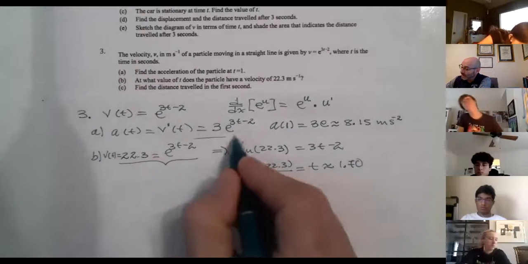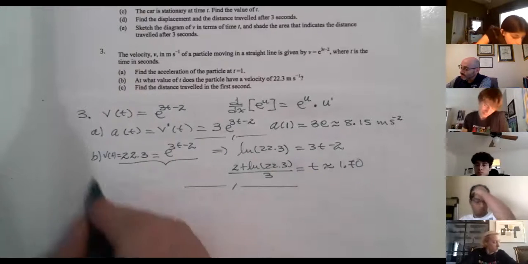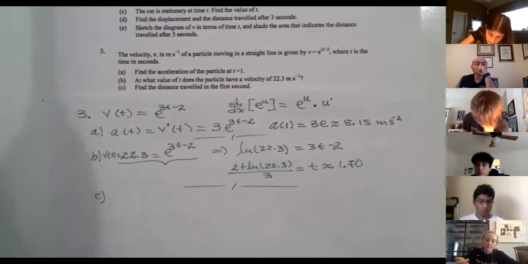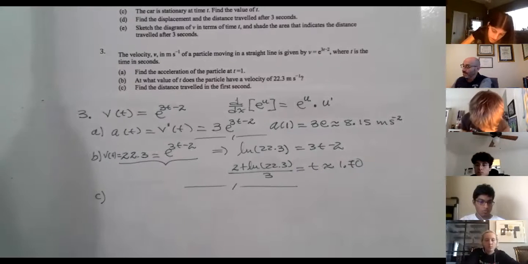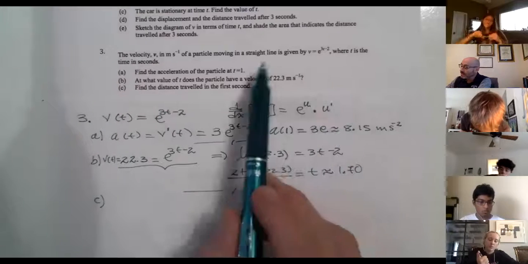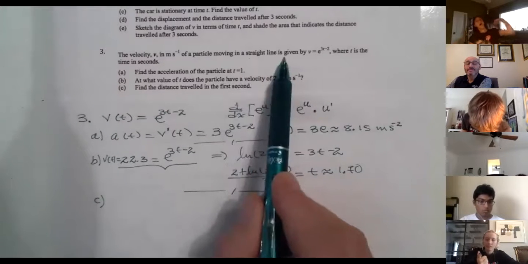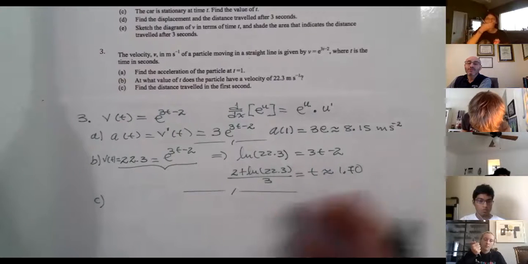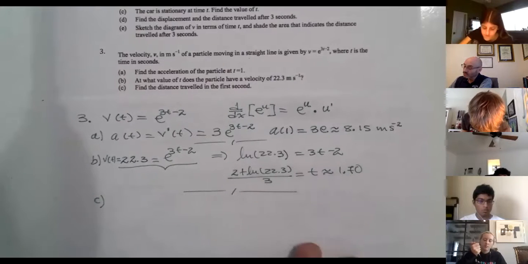So let's look at part C. Part C is find the distance traveled in the first second. All right, the particle is moving on a straight line. So let's make a sketch of the graph so we get an idea of what we need to do.